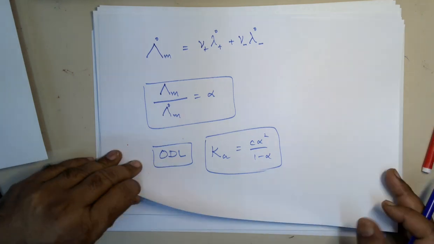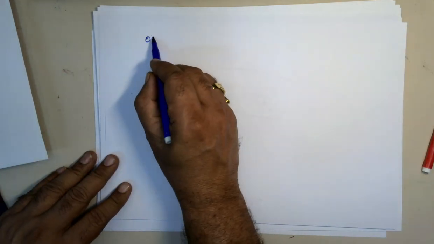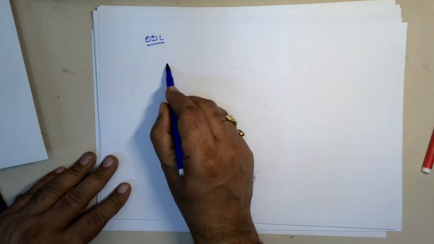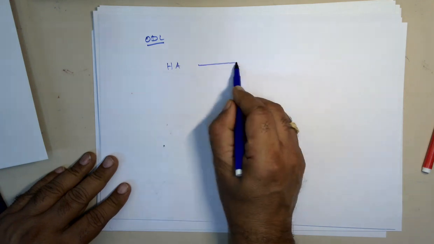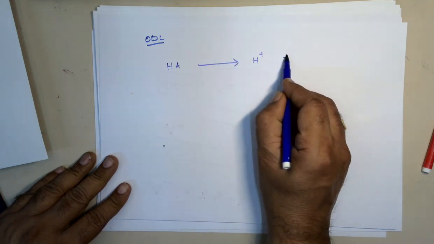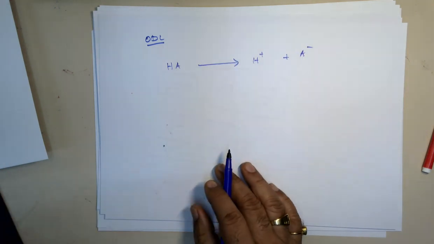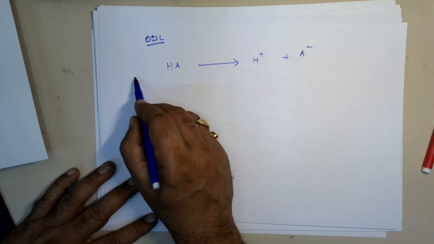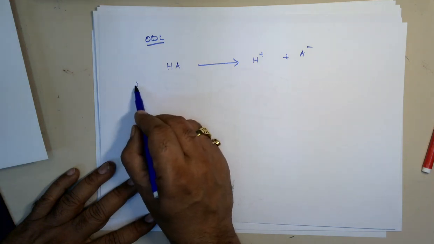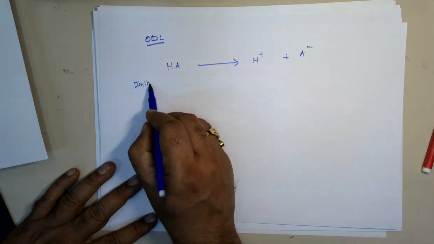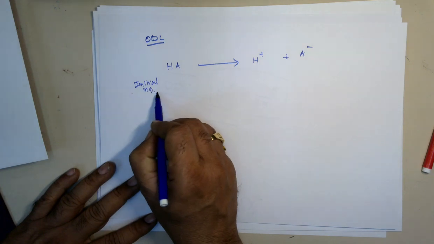It is better to learn at least in this stage. Take down ODL derivation. Let me consider any acid HA that gives H plus plus A minus, right? So initially, initial number of moles 1.